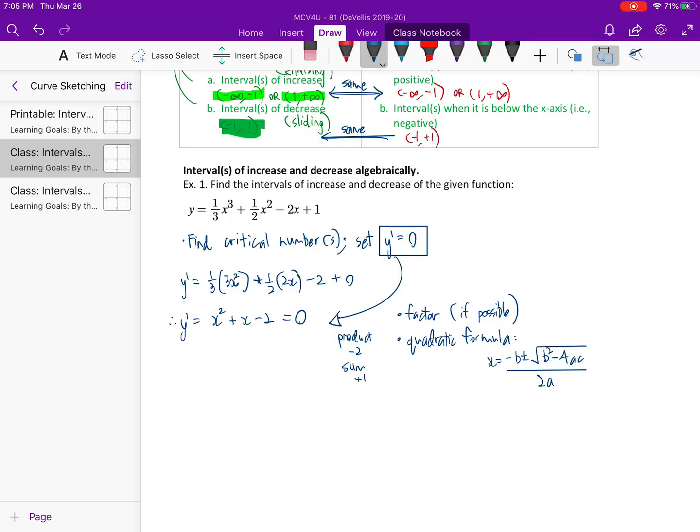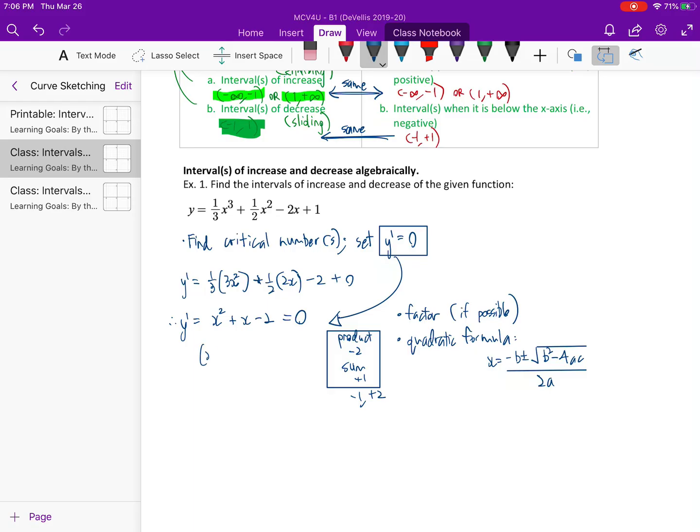Two numbers that multiply to give negative 2 but add to give positive 1. Let's see here. Negative 1, positive 2. So it looks like it is factorable. So those are our factors.